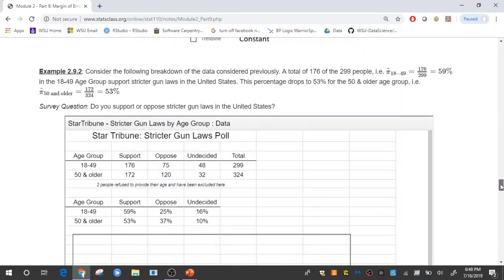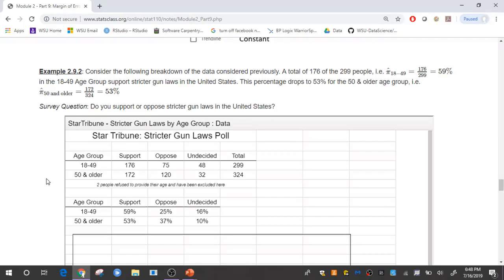Okay. How about example 2.9.2? So what we've done here is we've taken the information that we had on the poll previously. The Star Tribune actually gave us a breakdown of how people responded in two different age groups. They also did this by gender and by race as well, but I've decided to look at the two age groups here.